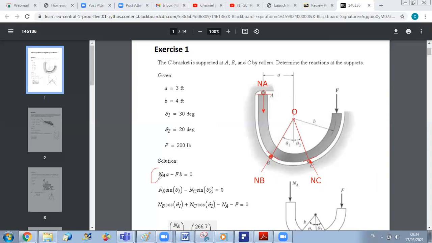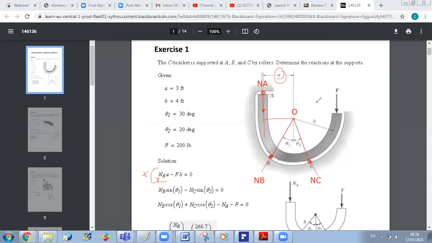Okay? So if I choose counterclockwise direction as positive, then I have the moment of NA about O. If I extend the line of NA and I do the perpendicular from O, this is the perpendicular line. The distance is equal to A. So the moment of NA about O is plus NA times A, while for F, first it's doing a clockwise moment.